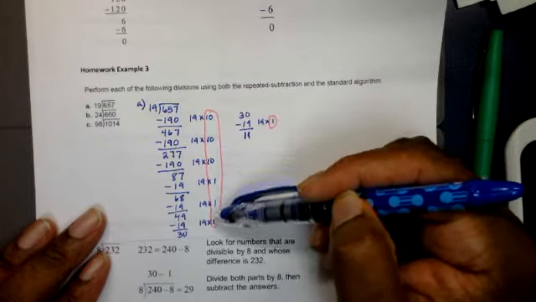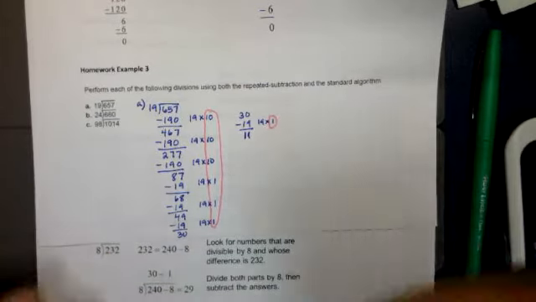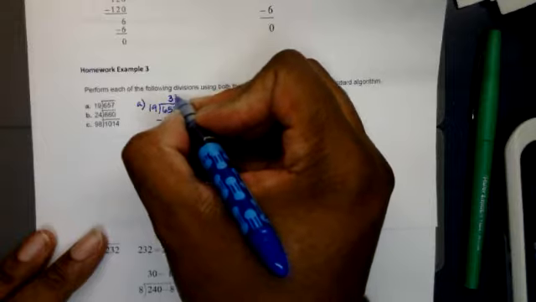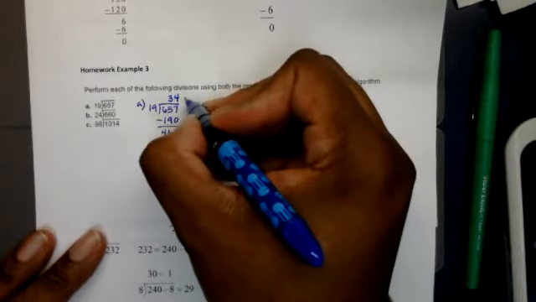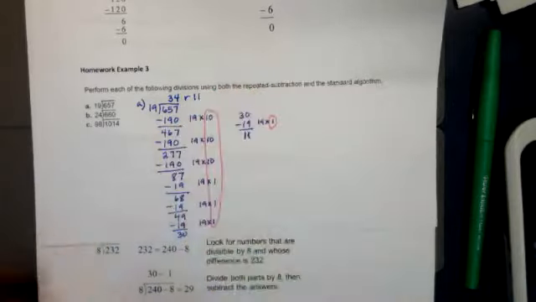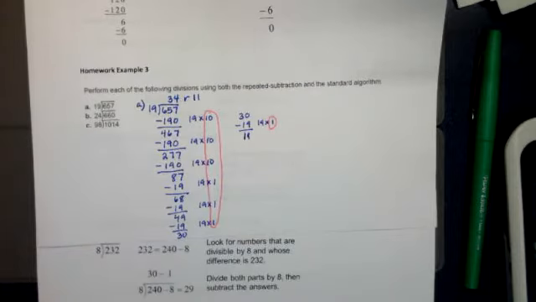That's 30 plus 1, 2, 3, 4. That would be 34. So the quotient is 34, and my remainder there will be 11. So 657 divided by 19 will be 34 with the remainder of 11.